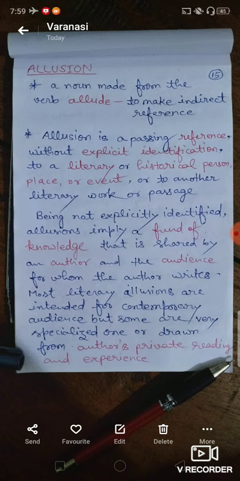It is applicable for both. It is needed for the writer as well as for the reader, or the audience. Most literary allusions are intended for a contemporary audience.